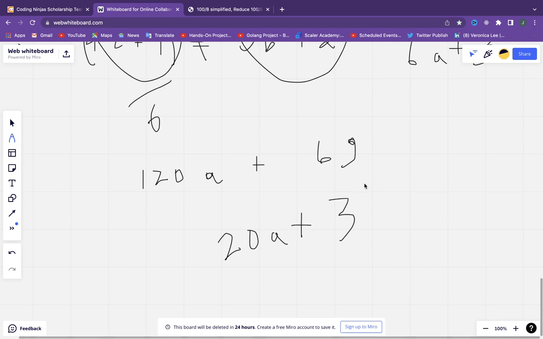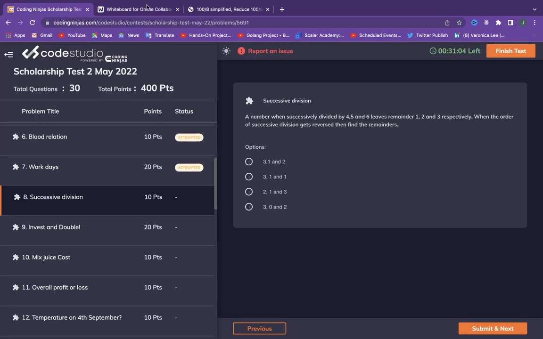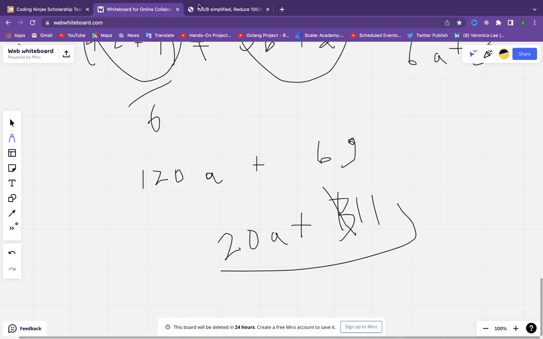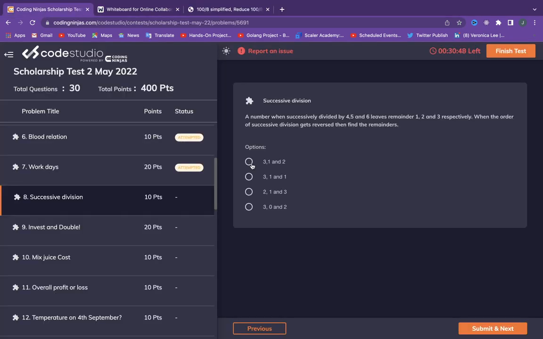Oh, so this would leave a remainder of 3, but the answer would be like 11, I guess. And this would leave a remainder of 1, I guess. So the answer is at least any one of these. So this would leave us a 2, and this would leave us 4A. So when divided by 4, this will leave a remainder of 2. Oh, gotcha.